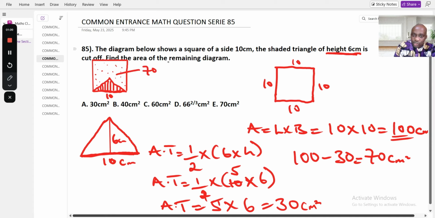That's what the question said, find the area of the remaining diagram after we cut off this inner triangle. This one is 30. So the total of the square is 100. Therefore, our final answer is 70. Where is 70 here? E. Our final answer is 70. Let's move to the next question.